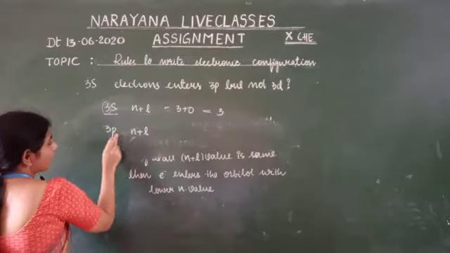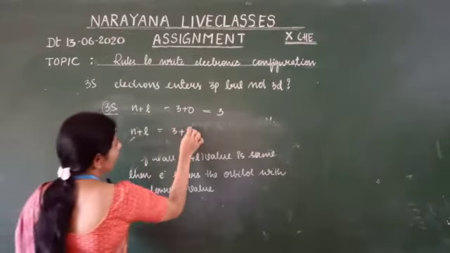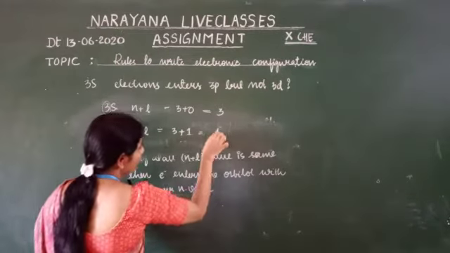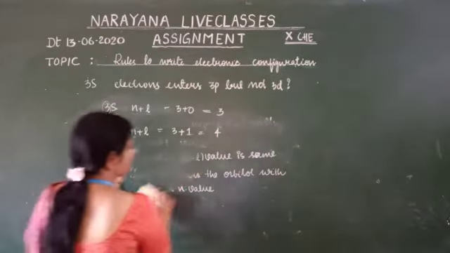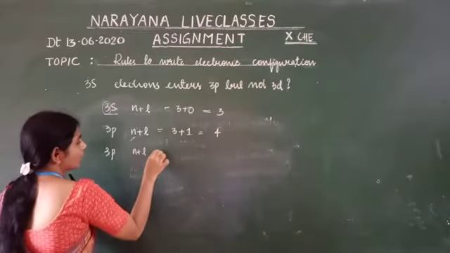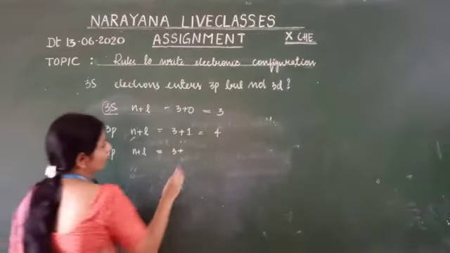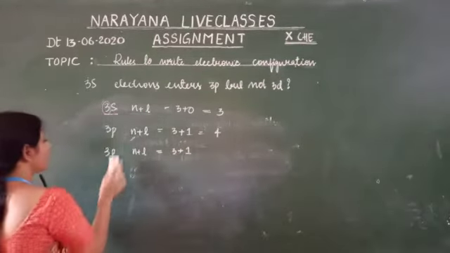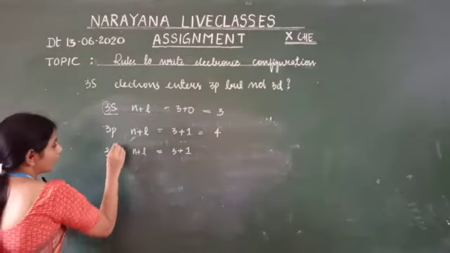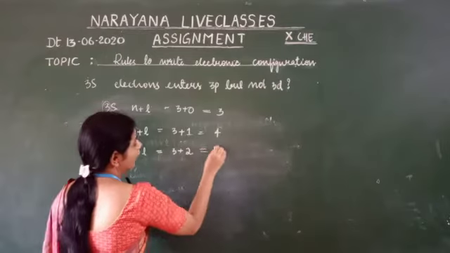The n value for 3p is 3 and l for the p orbital is 1, so here it is 4. Sorry, here you have to find it for the d orbital. The n value for d orbital is 3 and l is 2, that is 5.